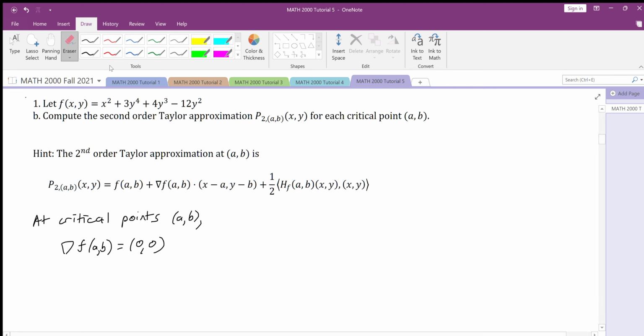So what's the Hessian matrix? The Hessian matrix is Hf, and it's the second order partials, like this.